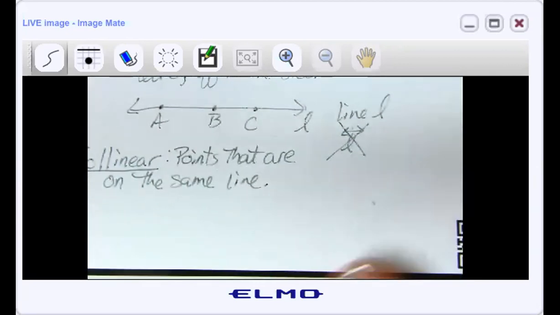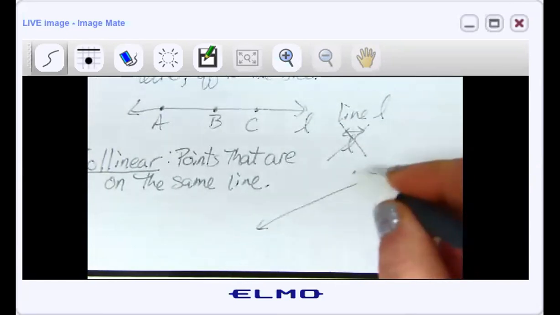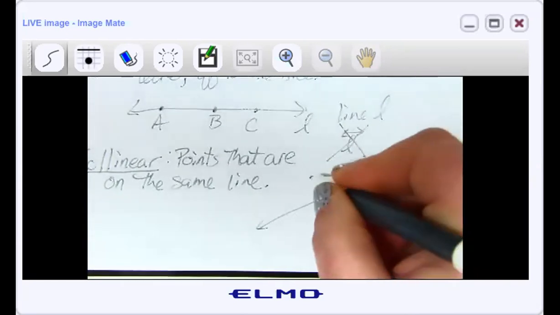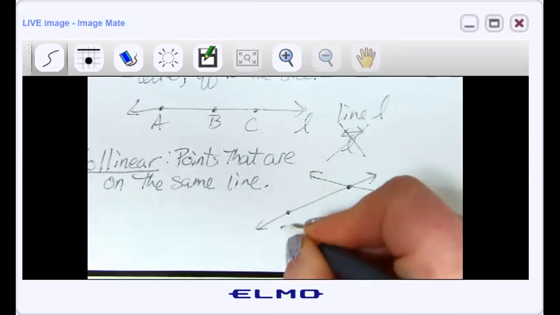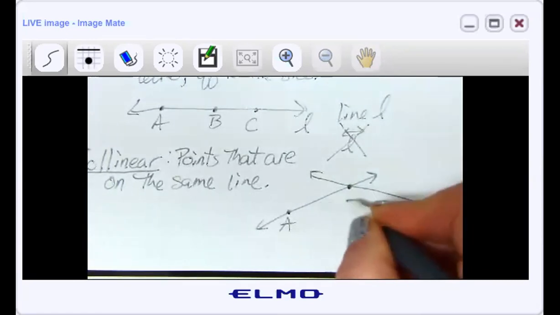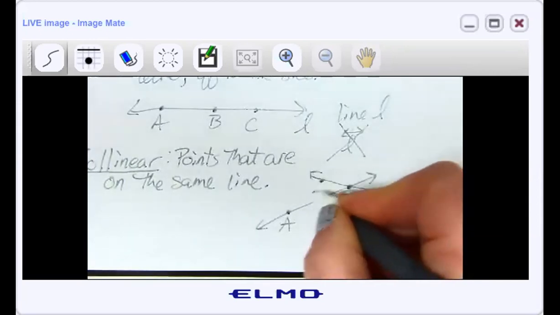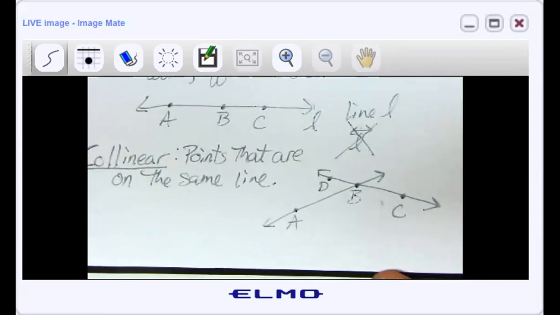So let me draw you a picture and I'll ask you some questions. And I want you to pay attention because I'm going to ask you a trick question in here too. All right, let me put some points on here. Let's have A, B, C. Let's put a point D right there. All right, you see these lines?